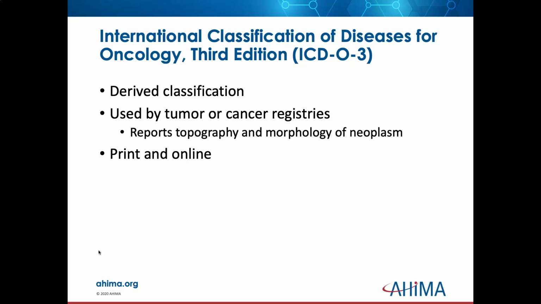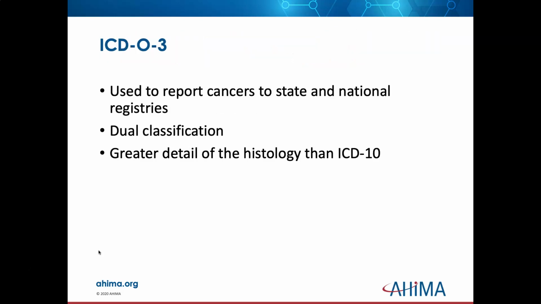You don't necessarily need to know the 5 major sections today. Again, this is to introduce you to it. We'll go back to it in other classes that you have, but this is just to make you aware of that. So moving on. It's got greater detail of the histology than ICD-10. So that's why a lot of the registries use ICD-O-3.